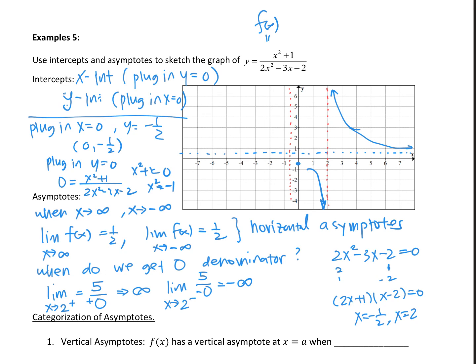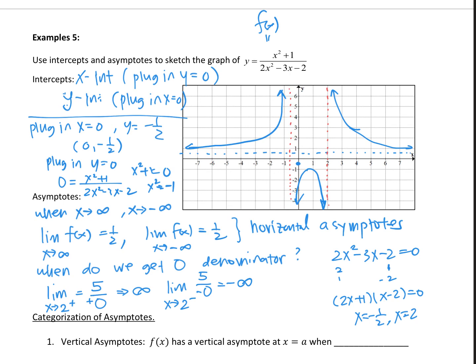I can do the same thing for negative 1/2. I'm not going to work out everything, but basically the graph is going to look like this. Right? So I have vertical asymptotes here, and then horizontal asymptotes here.